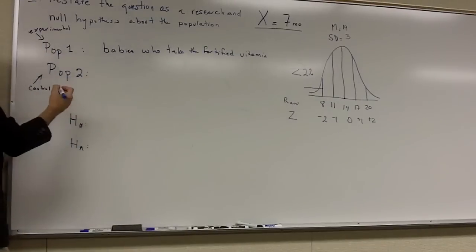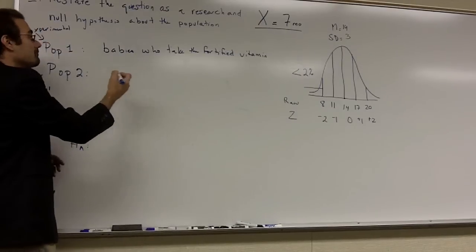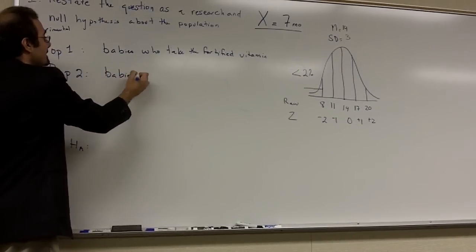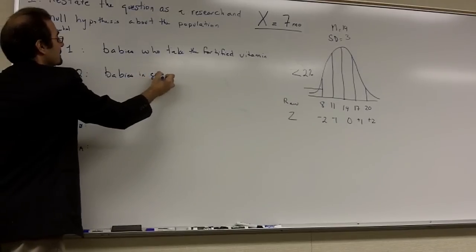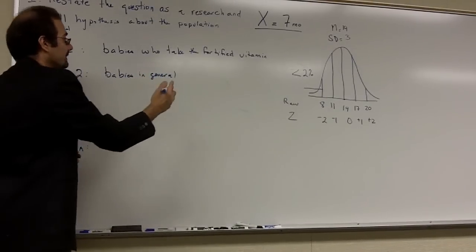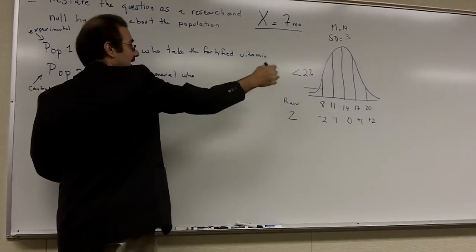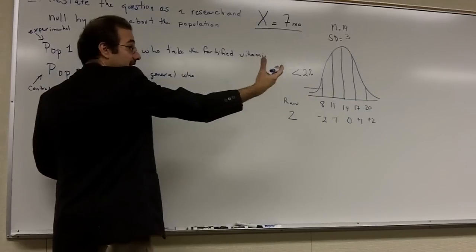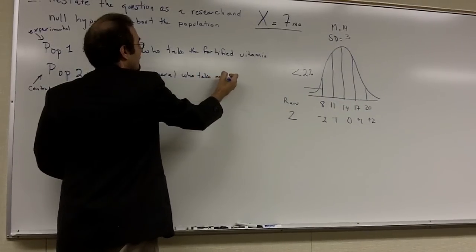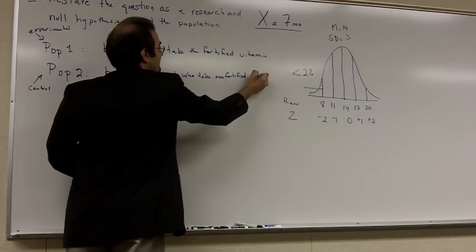And then population 2 is what? Babies in general, very good. Babies in general who take the normal vitamin, who take the non-fortified vitamin. Because you remember, we selected from this population, they were taking regular, non-fortified vitamins.